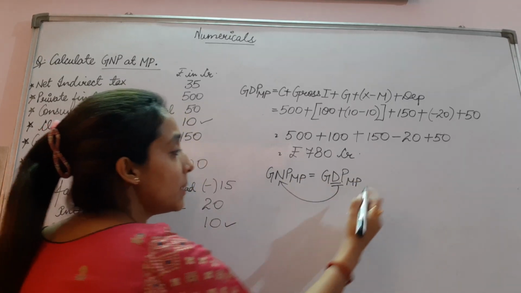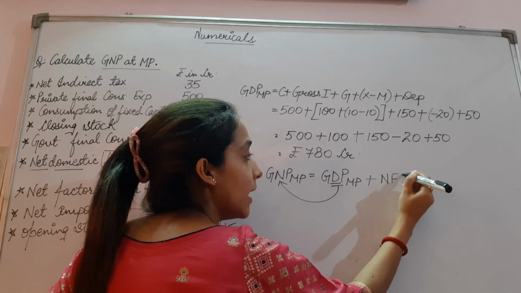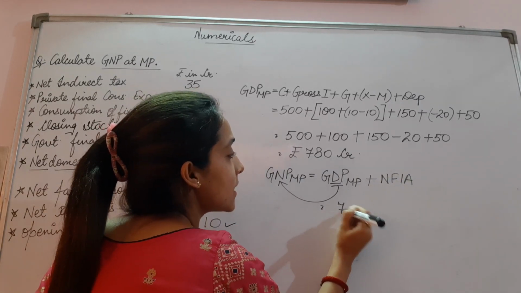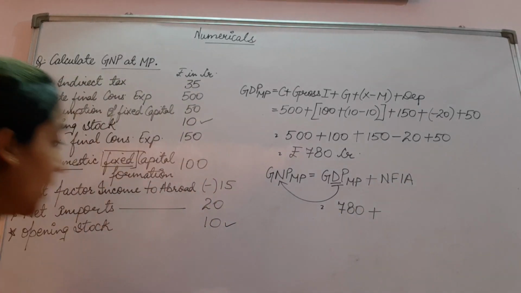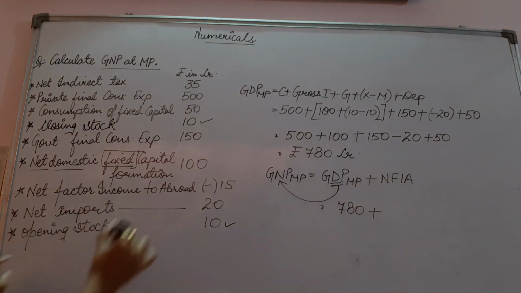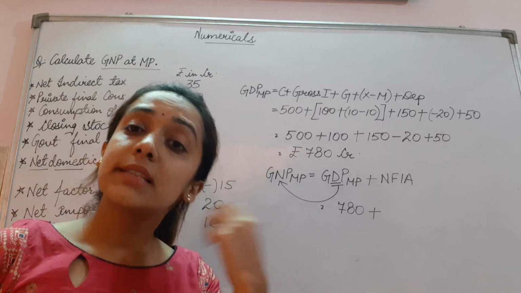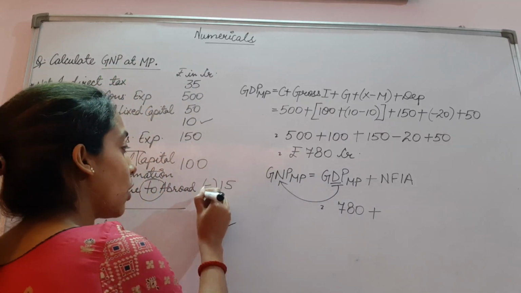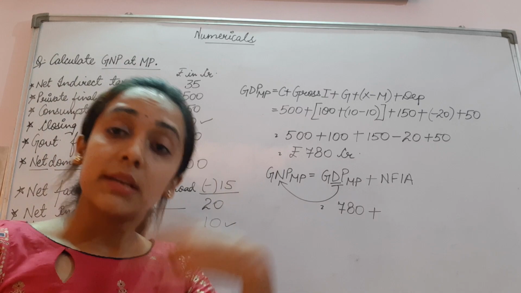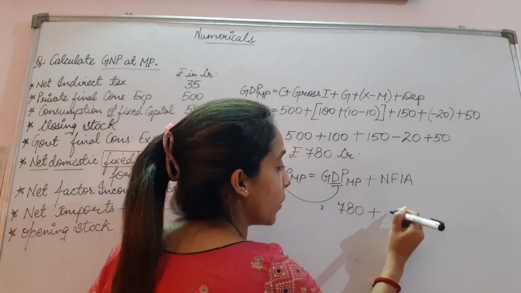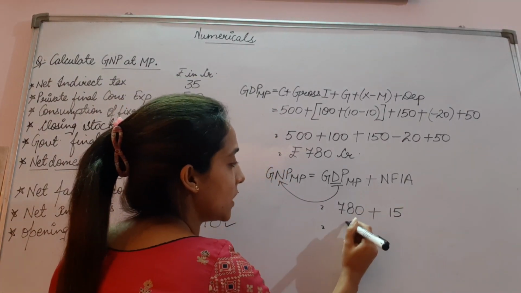From GDP to GNP, plus NFIA. 780 plus NFIA, which is net factor income to abroad. When to abroad is given, the sign will be changed. It is already given in minus, so the sign will be changed. It will be plus 15.